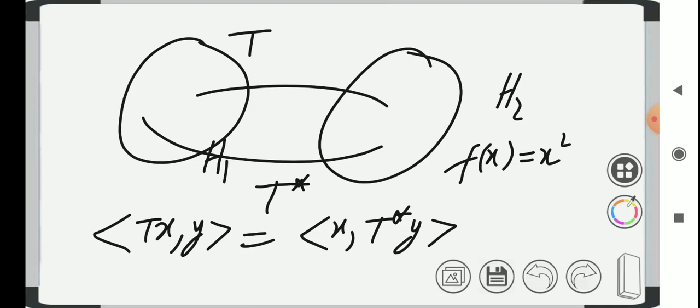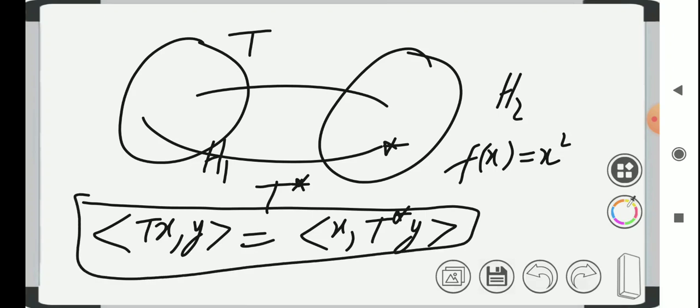Here we don't have an explicit relation for what T star y will be, but we have this relation. This is the defining relation of T star, but from this relation we will be able to give the explicit relation for T star, which may sometimes be difficult, sometimes easy. We will show some examples of it in the next lecture.